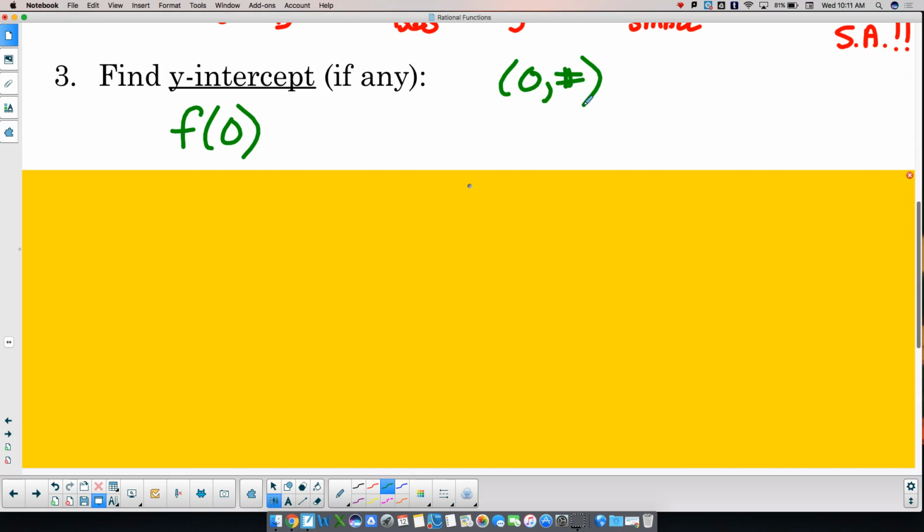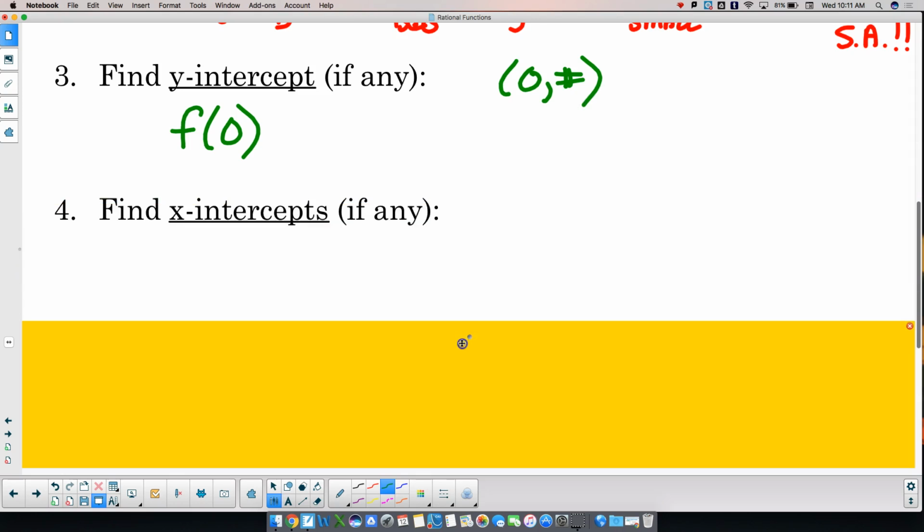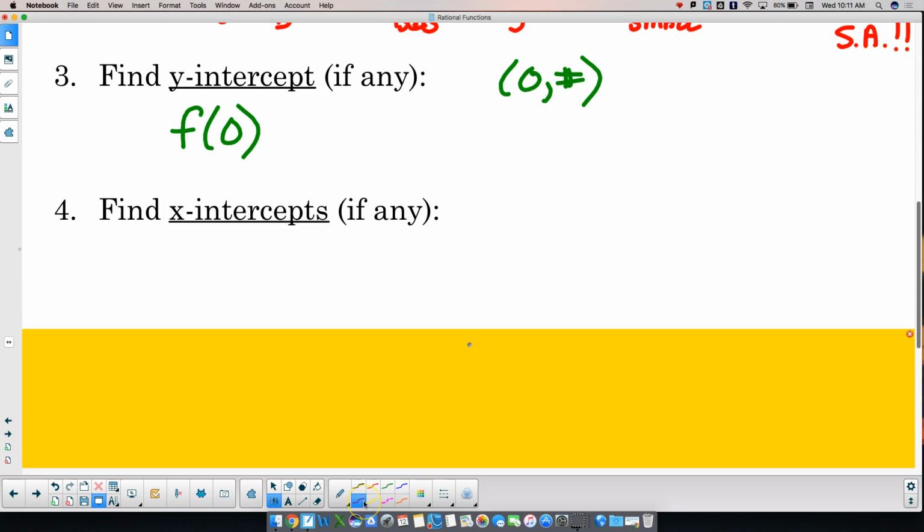Step 4. Find my x-intercept. How am I going to find my x-intercept? Somebody other than Antonio or Jenna, what are these going to look like? Number comma 0.